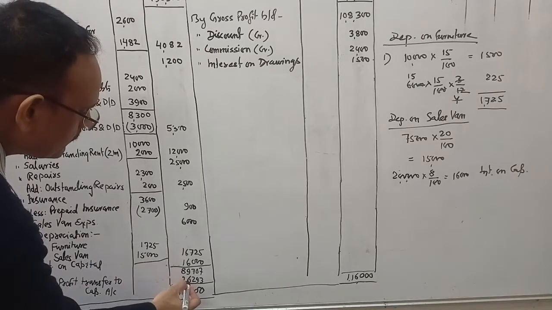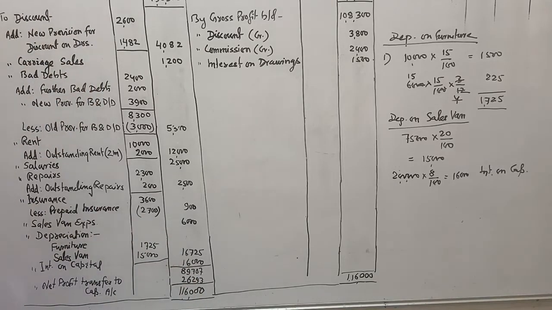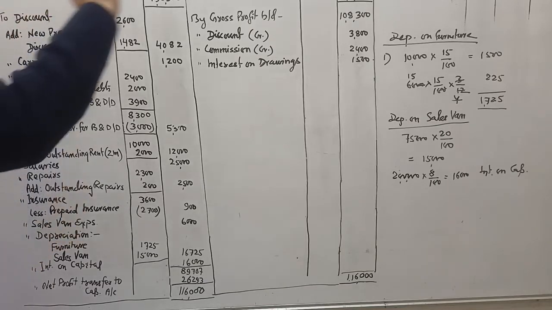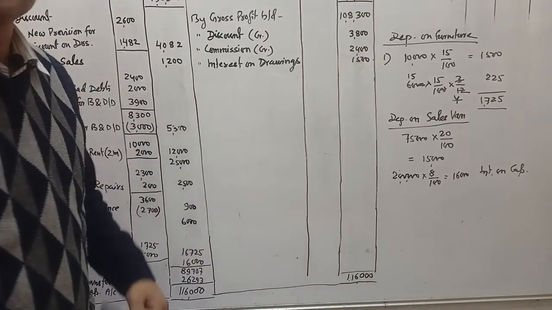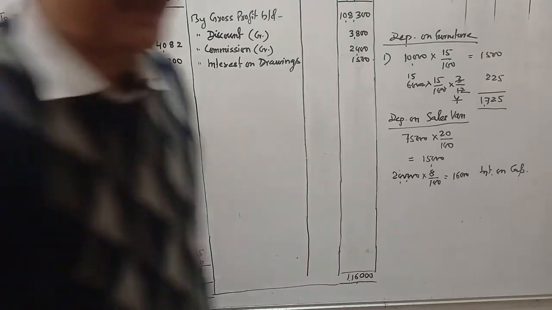This amount, 26,293, is the net profit transferred to the capital account. Now thereafter we will prepare the balance sheet.